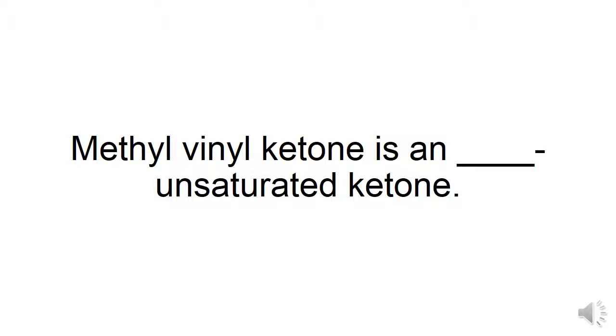Methyl vinyl ketone is an blank unsaturated ketone. So what type of unsaturated ketone is methyl vinyl ketone? The structure that I showed you in the previous card before last. What type of unsaturated ketone is it?